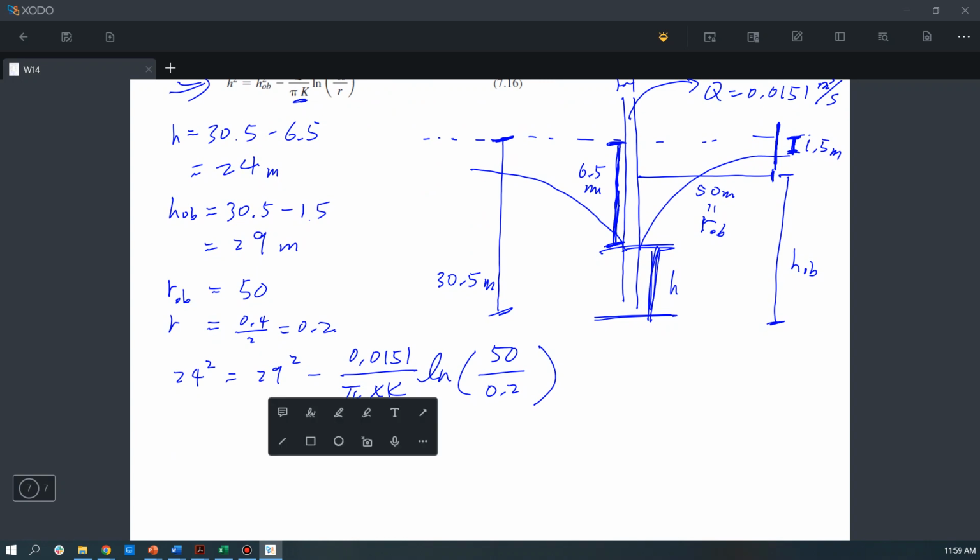And we can solve the K. K is 0.0001 meter per second.